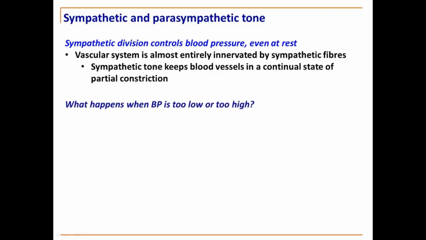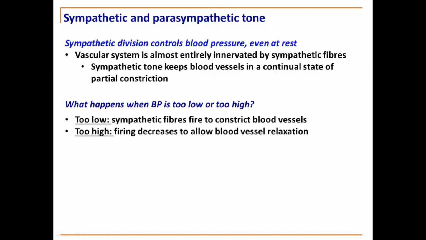So what happens when your blood pressure is too low or too high? Well, if your blood pressure is too low, your sympathetic fibers fire and they constrict the blood vessels to cause vasoconstriction. And if it's too high, your firing decreases and you allow blood vessel relaxation, causing your blood pressure to drop.